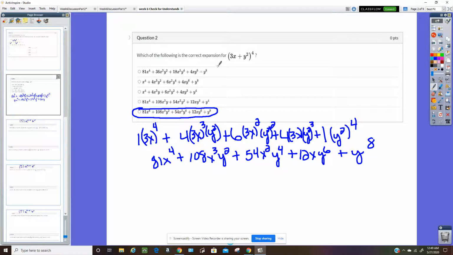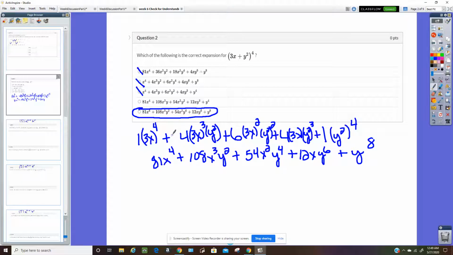So right off the bat, I can eliminate this one and this one because this has a coefficient of 3, so it's not going to be x to the 4th. So the first terms are all the same. Then I can eliminate this one because it's not going to be 36.